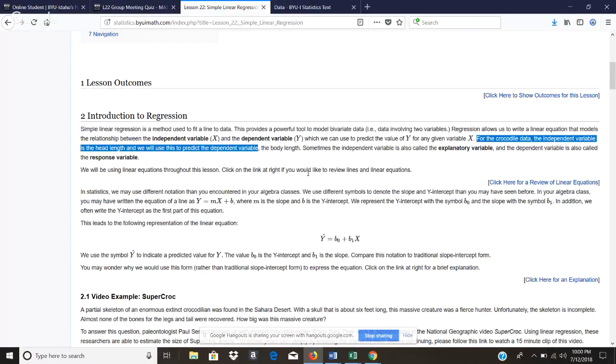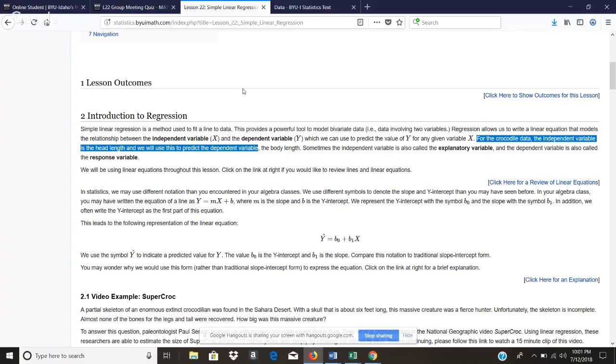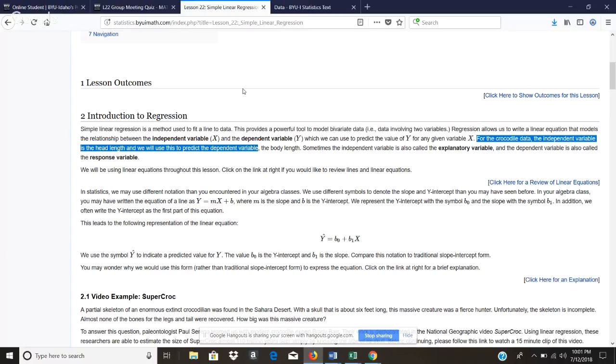They use the head length, which is the independent variable, the x value, to figure out the dependent variable, which is the response variable. The response variable is the focus of a question in a study or experiment.